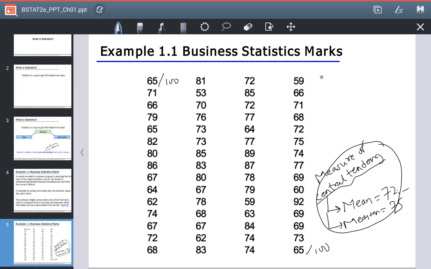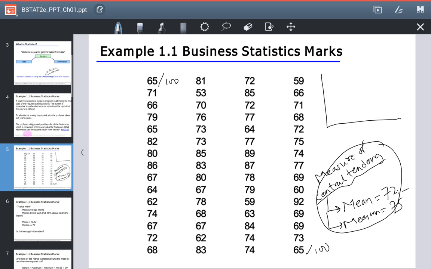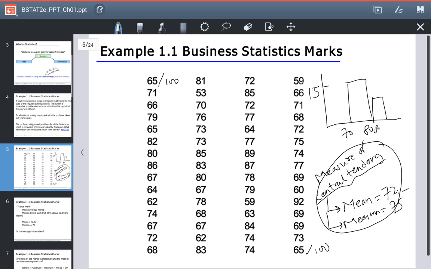Or he can also visualize the data. So that's one aspect of it too. He can make what is called a histogram. He can also say that in my class there are 15 students who have between 70 to 80 marks, and there are only 5 students who have 80 to 90 marks, and then there are only 2 students who have 90 to 100 marks.